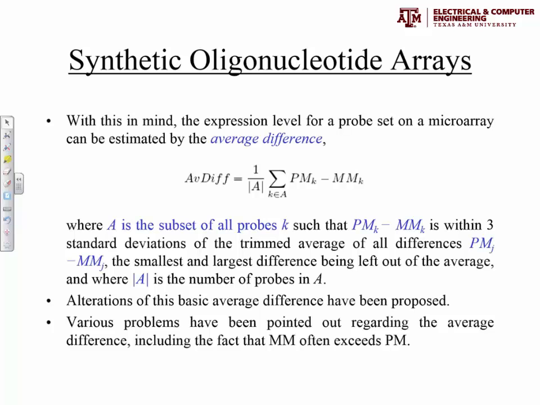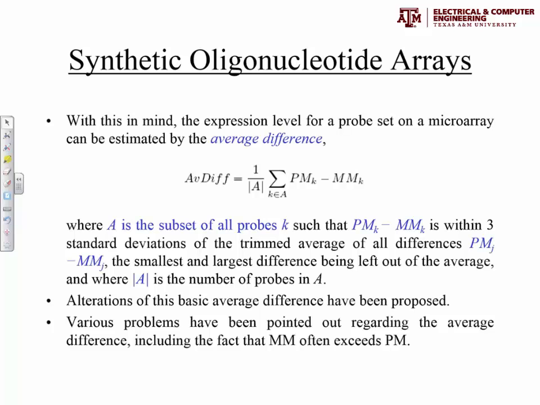So A is the subset of all probes K such that the difference between the perfect match intensity and the mismatch intensity is within 3 standard deviations of the trimmed average of all differences, the smallest and largest difference being left out of the average, and where the absolute value sign around A, the cardinality of A, is the number of probes in A.